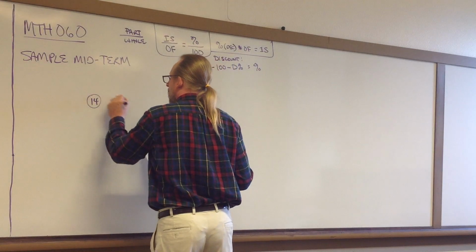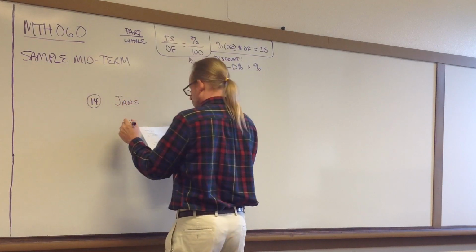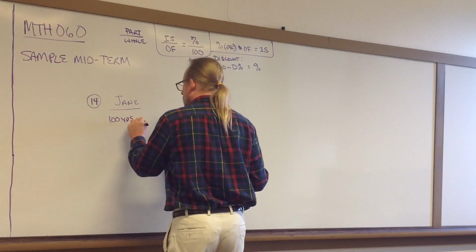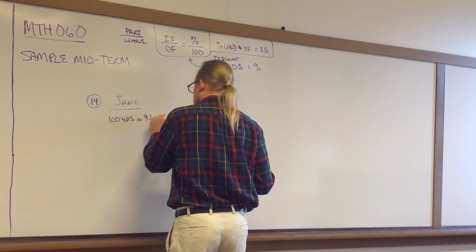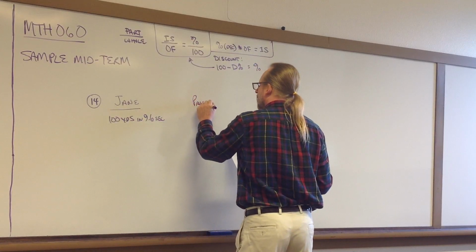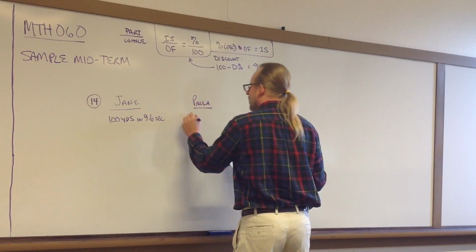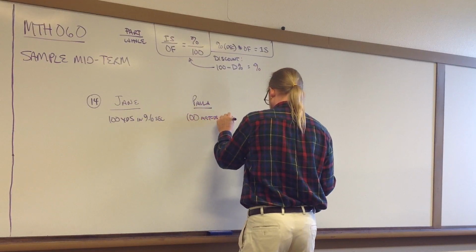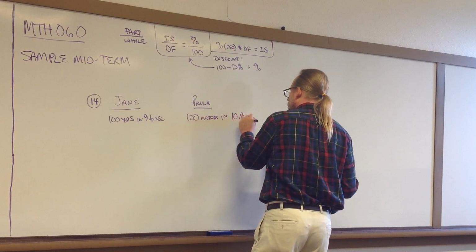Jane can run 100 yards in 9.6 seconds. Paula can run 100 meters in 10.8 seconds.